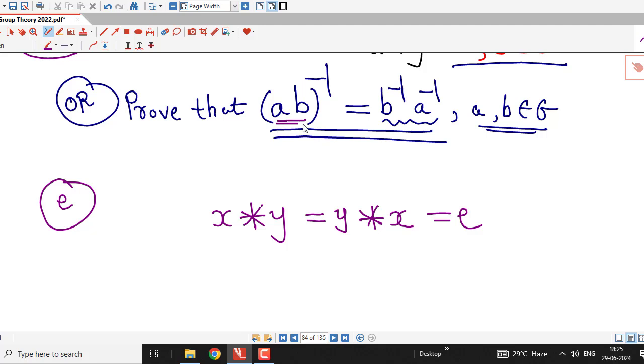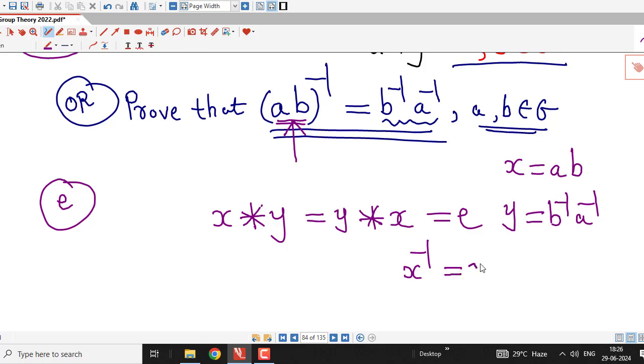Here you can see that we have to prove that inverse of A star B is B inverse star A inverse. So suppose we consider X equal to AB and Y equal to B inverse times A inverse, then we have to prove that inverse of X, because I am considering AB equal to X, is equal to B inverse times A inverse.